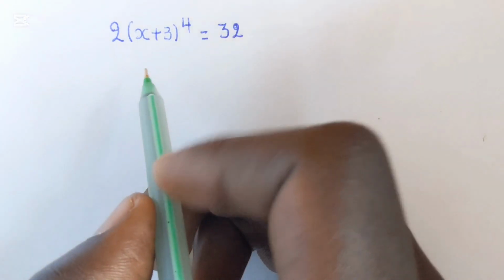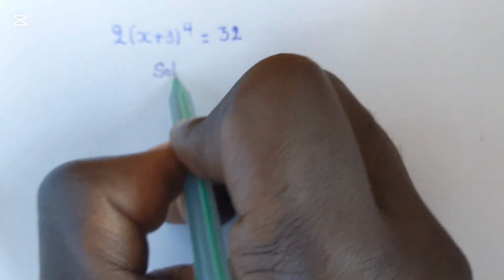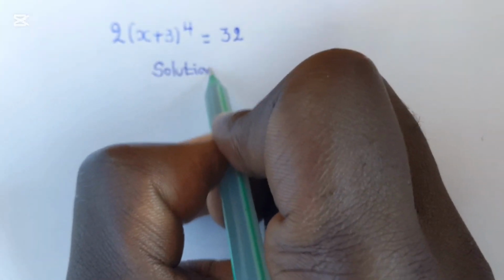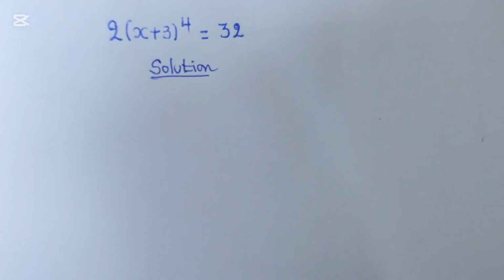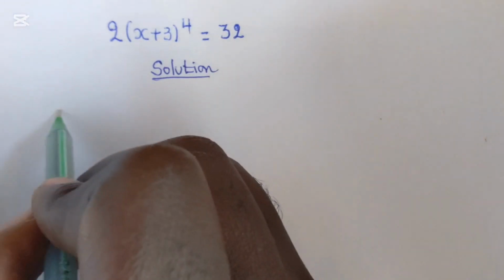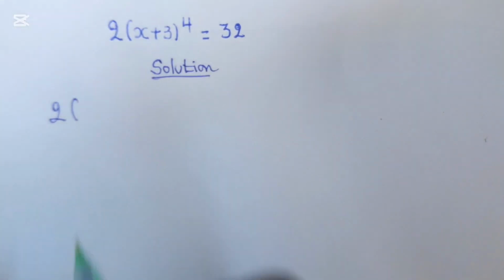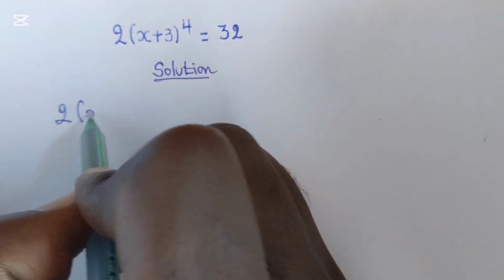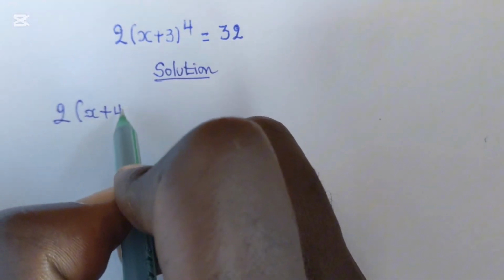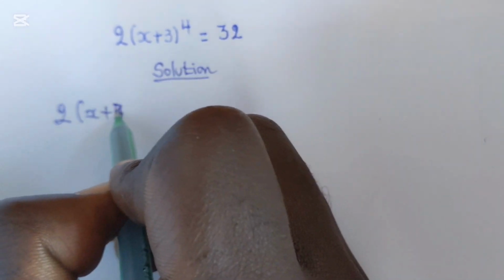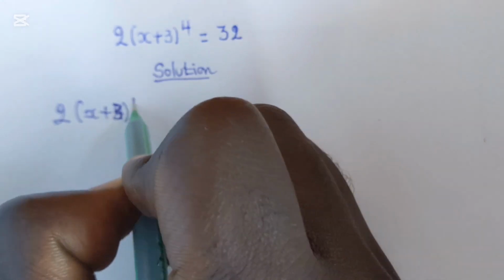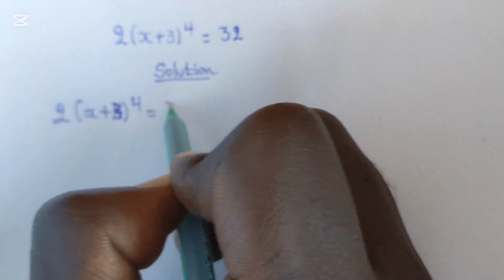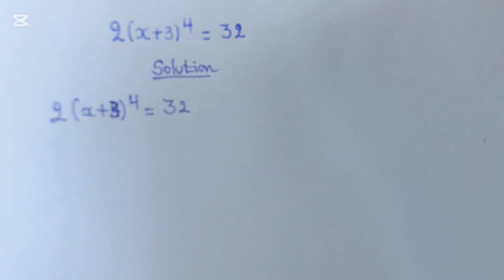Now let's provide the solution very quickly. Here we copy what we have: 2 times (x plus 3) to the power 4 to be equal to 32.